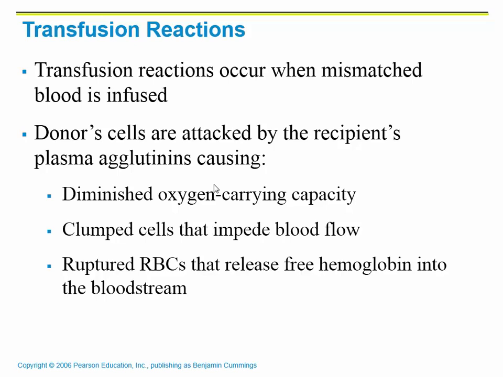I'm going to explain this more when we get back into class, but antibodies in the plasma portion of the blood are going to attack any foreign blood type that doesn't match what you already have. If a person with A blood gets B blood, those anti-B antibodies, because they hate B, are going to attack the B blood they're being infused with. So it's really important that they know what kind of blood they're giving you, because a transfusion reaction can actually cause death.